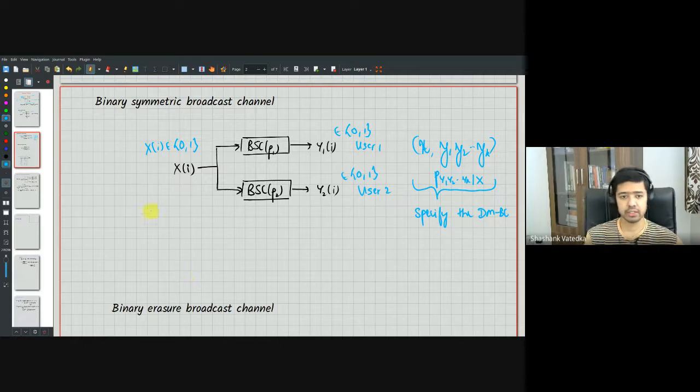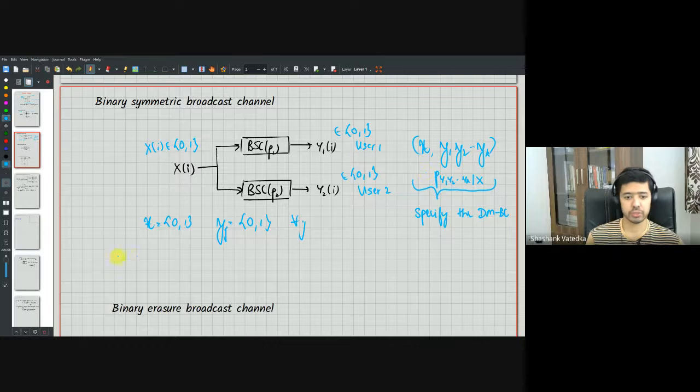Right, and in this particular example of the binary symmetric broadcast channel, the input alphabet is binary. Each of the output alphabets is also binary. So yj is also 0, 1 for all j.